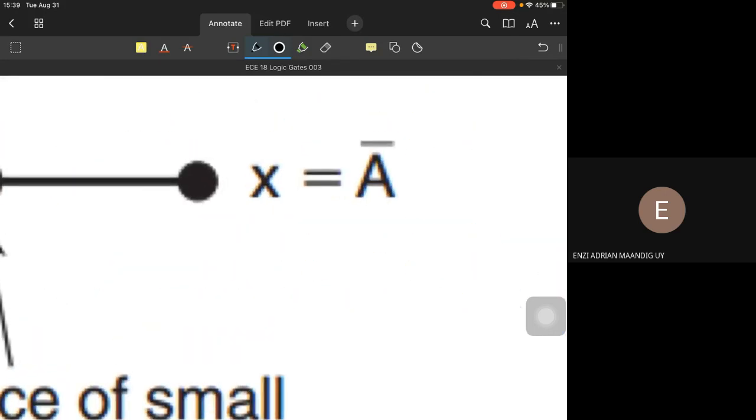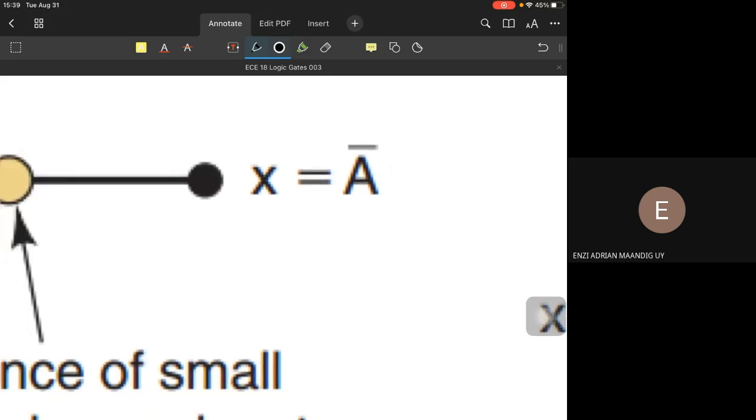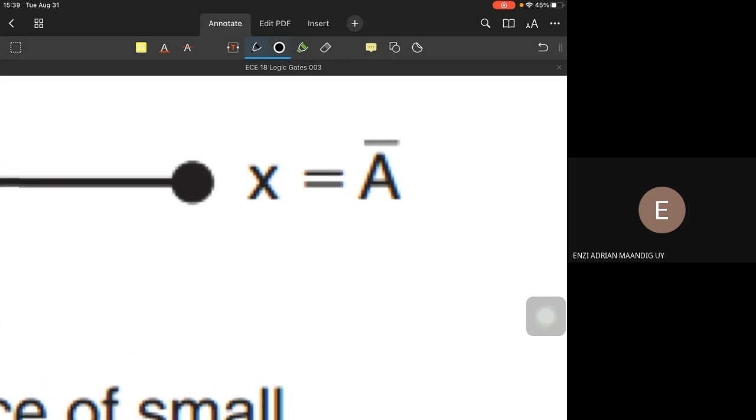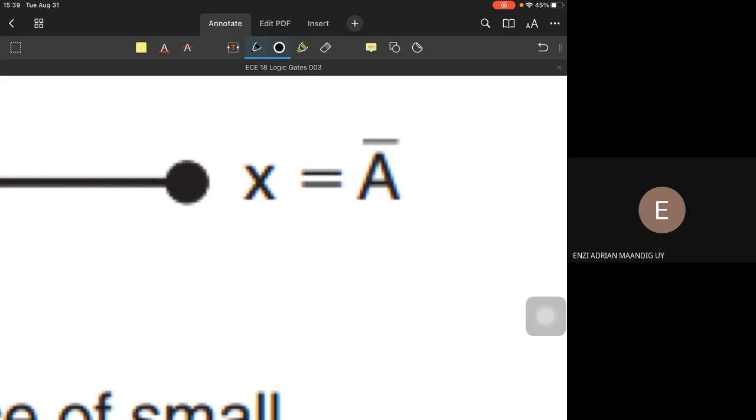A bar. We call that A bar. If there is a bubble, like at the N gate, it becomes a NAND gate. Yes. So that is the equation, or Boolean expression, for the NOT function.